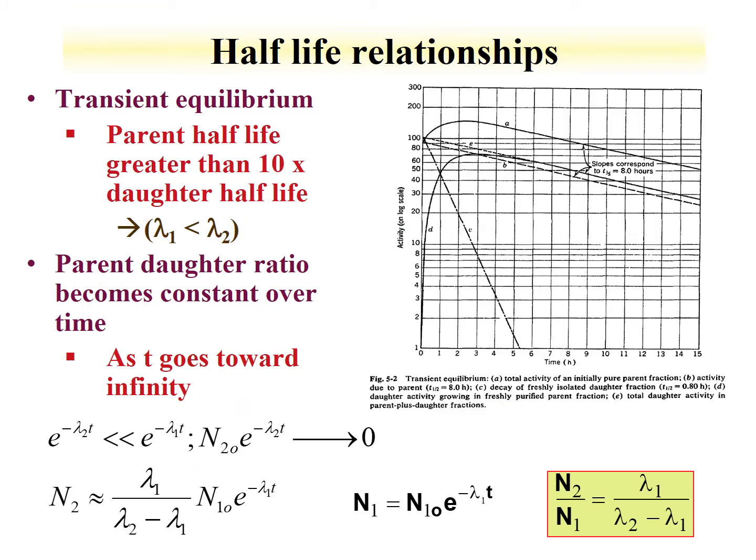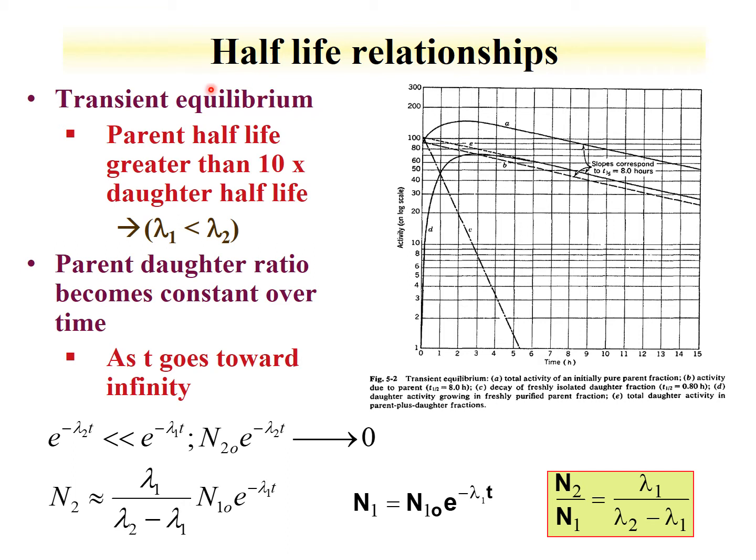Another relationship is where the parent half-life is greater than the daughter half-life. And we'll see that there are actually two types of relationships that we can describe this way. One is transient equilibrium, where the parent half-life is about 10 times that of the daughter half-life. Because the difference is relatively small, the parent may show changes during the measurement process.